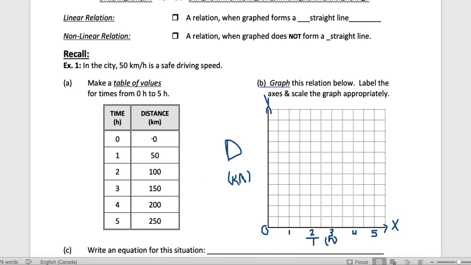And on this axis, we go up to 250. I've got 1, 2, 3, 4, 5, 6, 7, 8, 9, 10, 11 lines, so you can pick an appropriate scale. I'll probably go up by 25.